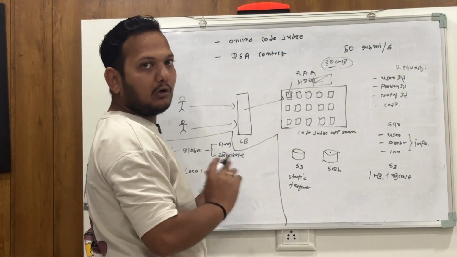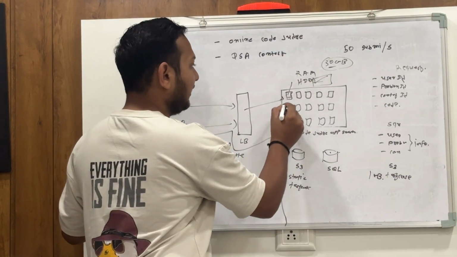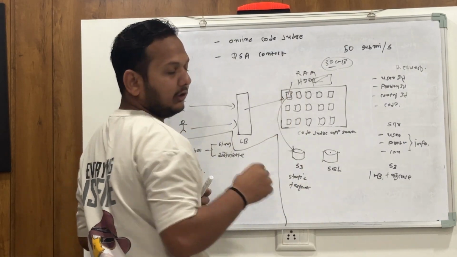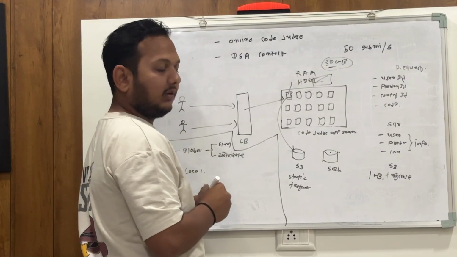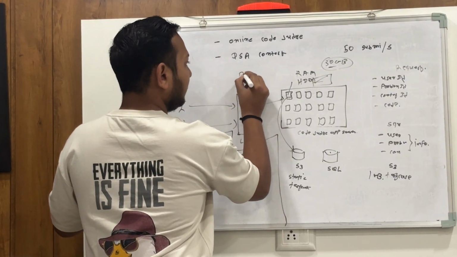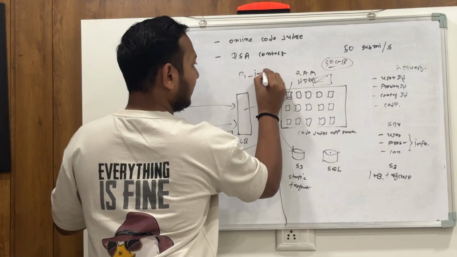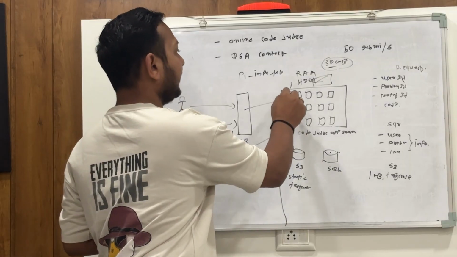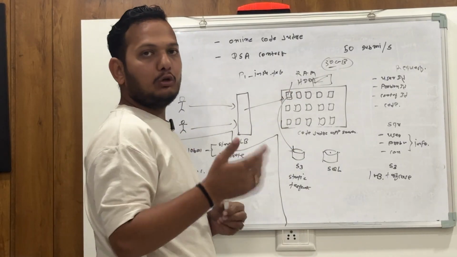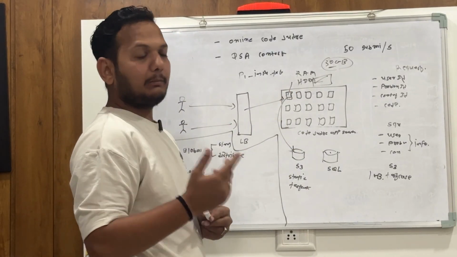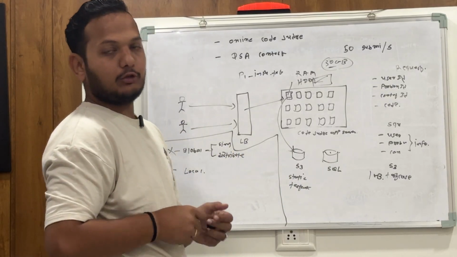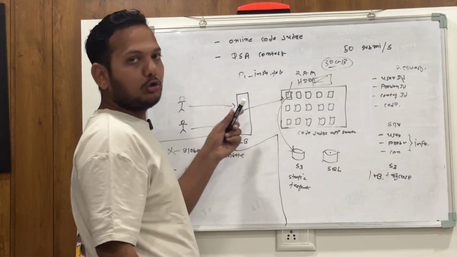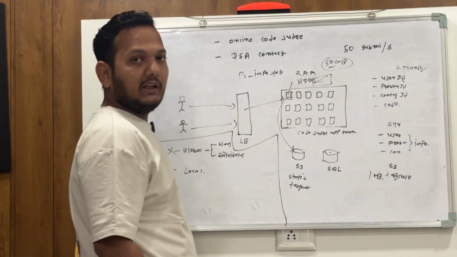For the first time it will not be present, so it will load it from the S3 bucket and store it in the local cache, for example problem1_input.txt. Then it will evaluate the submission and respond with the result, right?